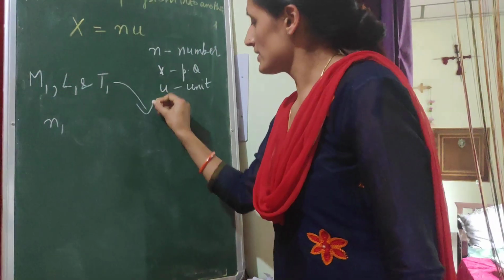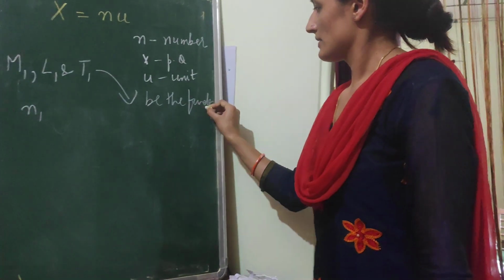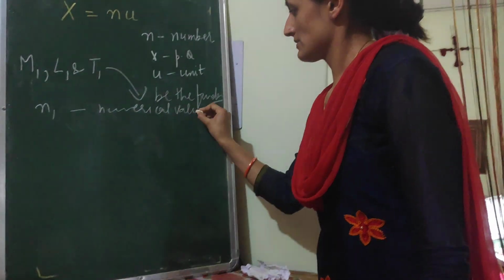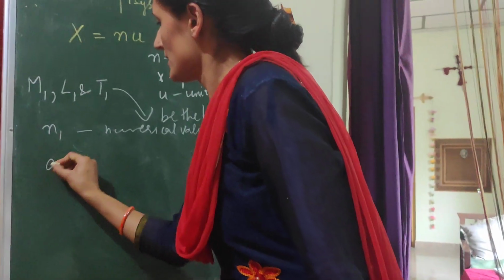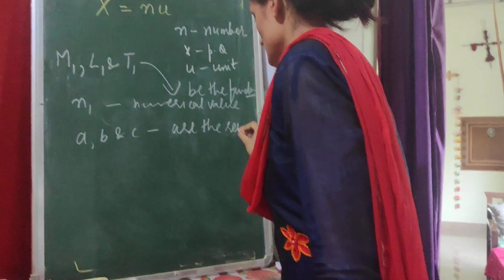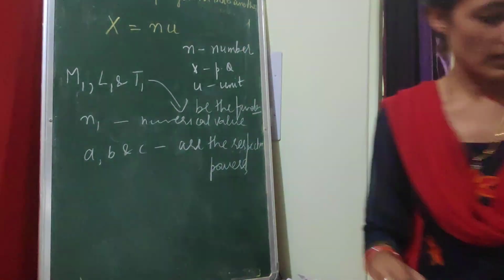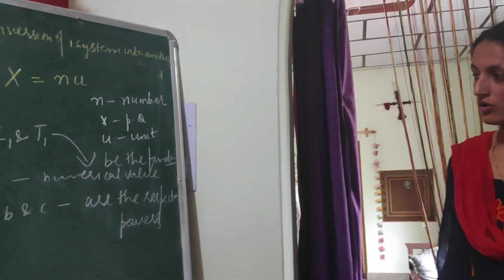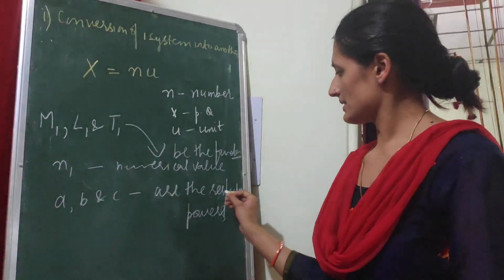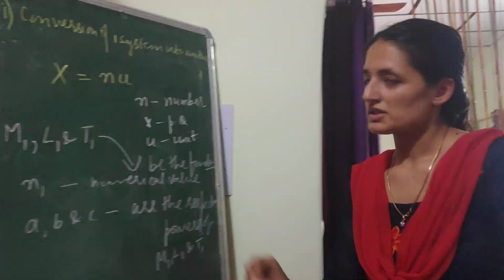I write it down: M1, L1 and T1 are the fundamental physical quantities, N1 is the numerical value, and A, B and C are the respective powers of the fundamental quantities, that is mass, length and time, the respective powers of M1, L1 and T1.